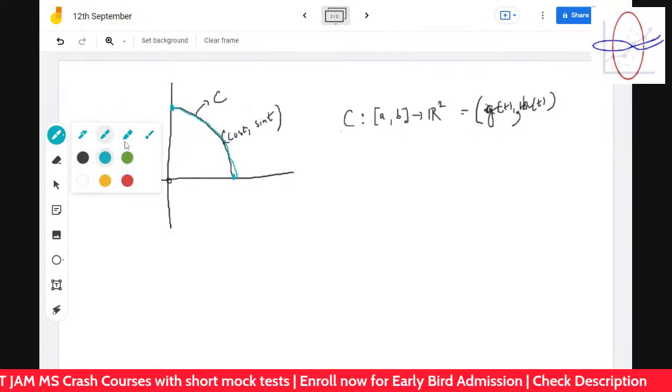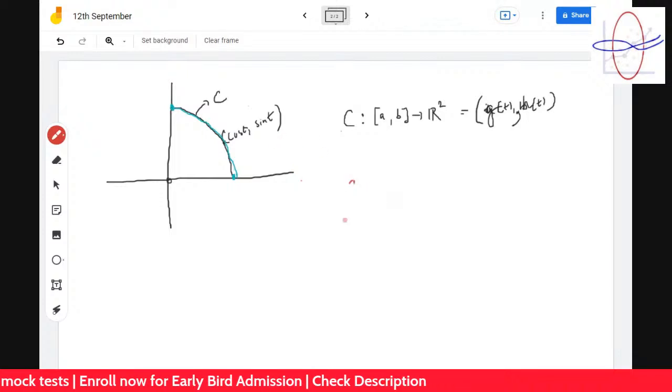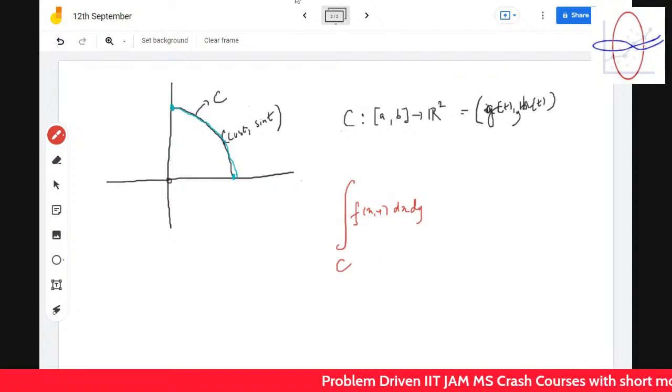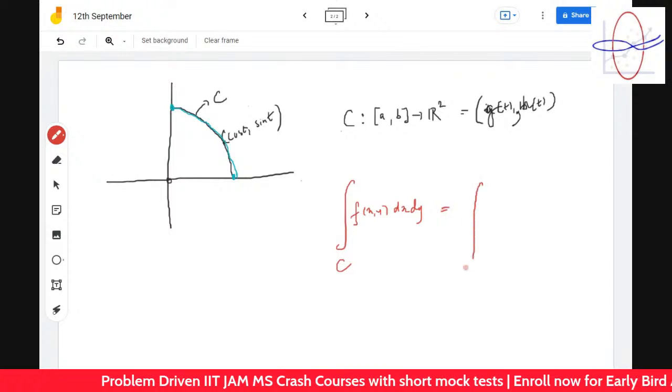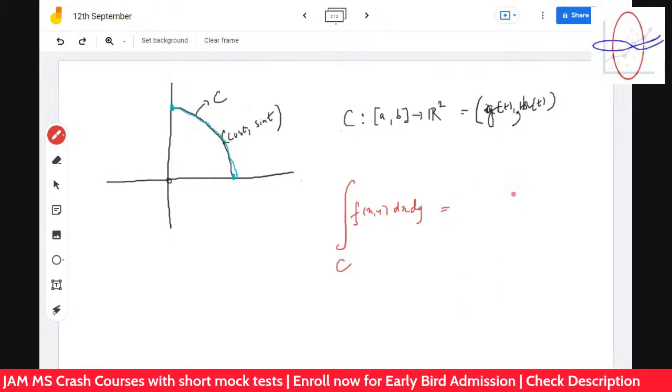Now we are planning to integrate a function f of x comma y on this curve C. How do we write this in terms of t?